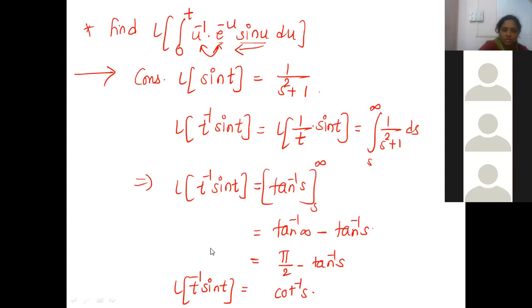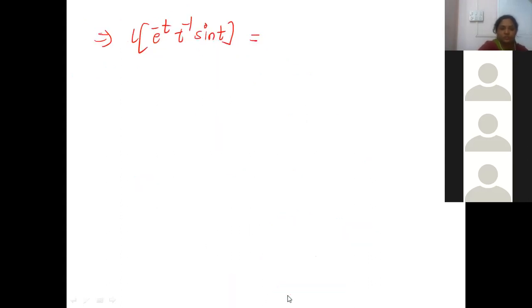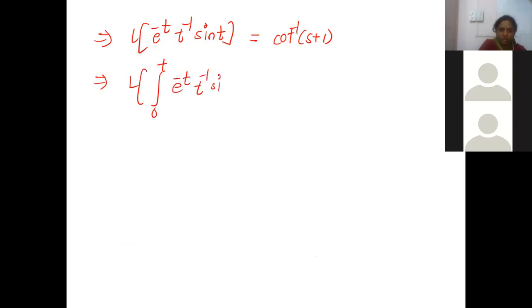So in this, s will be replaced by s plus 1, as this is minus 1. Cot inverse s plus 1. And on this, finally, you will take the integration from 0 to t of e raised to minus t, t inverse sine t dt.